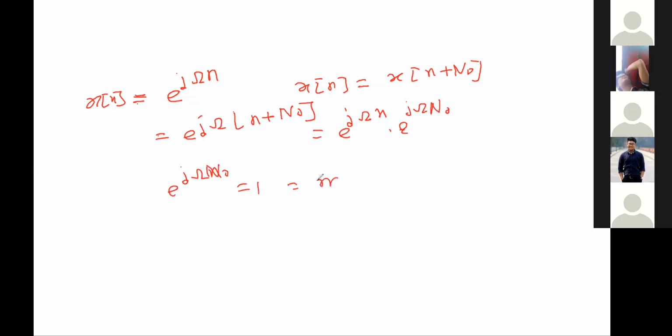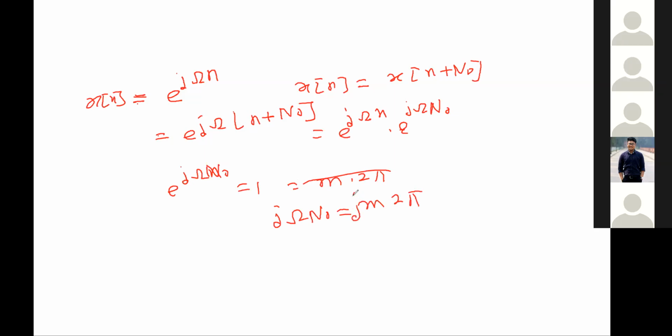And that can be equal to m into twice pi. That means omega n0 would be equal to m into twice pi, where m is an integer. Then you can easily find that n0 would be equal to m into twice pi divided by omega, isn't it?